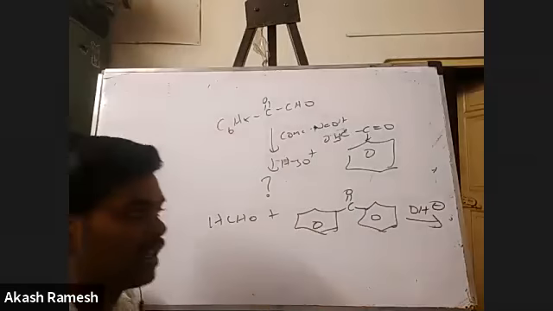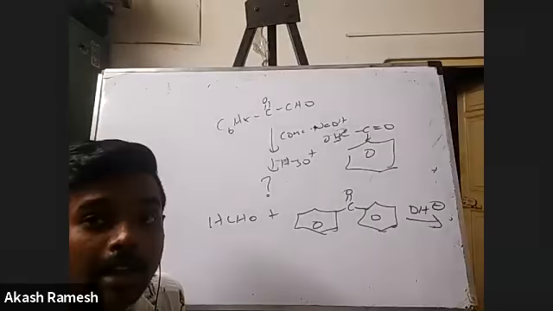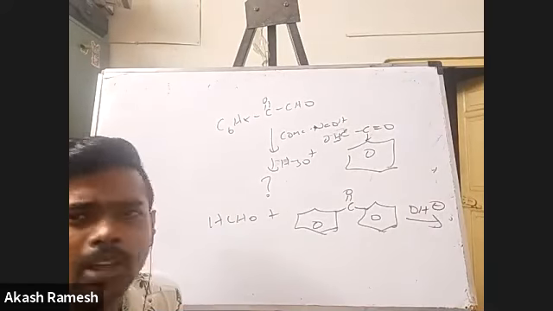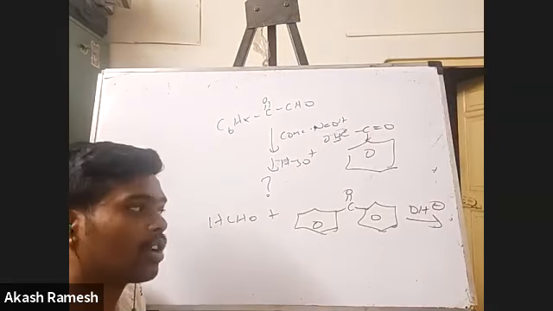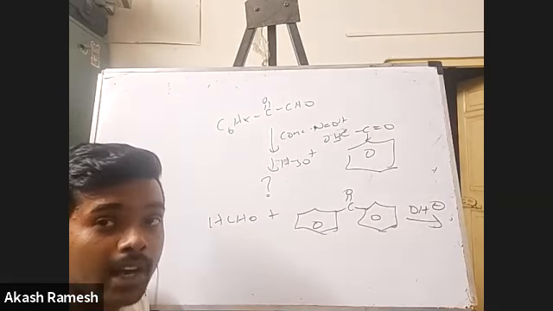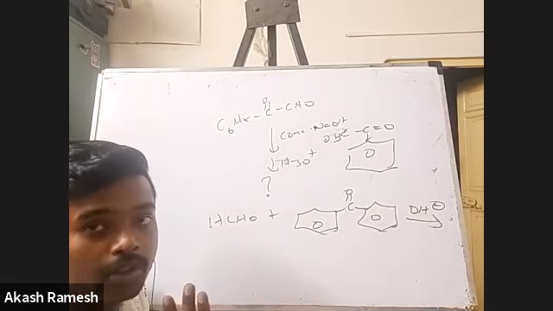So this is an example of a cross Cannizzaro reaction. If you can understand this, you can understand that very simply. Now, generally in Cannizzaro, what happens? Only one will get oxidized, and the other will get reduced.